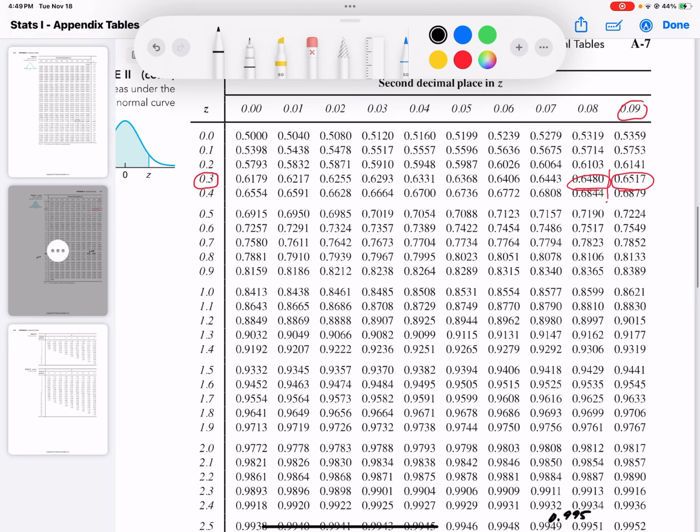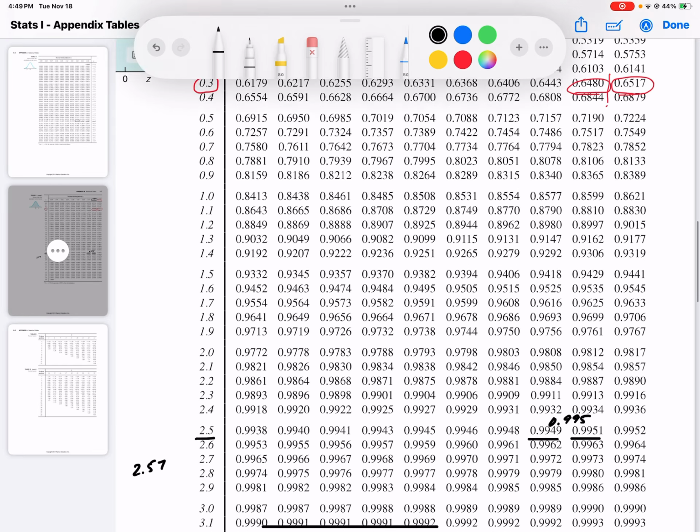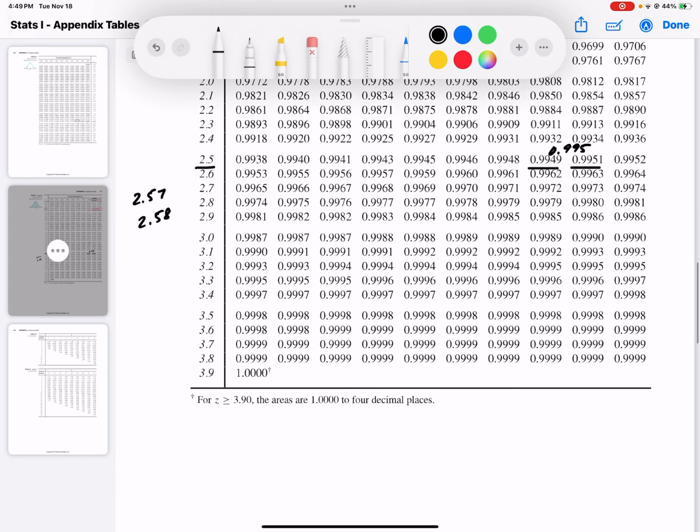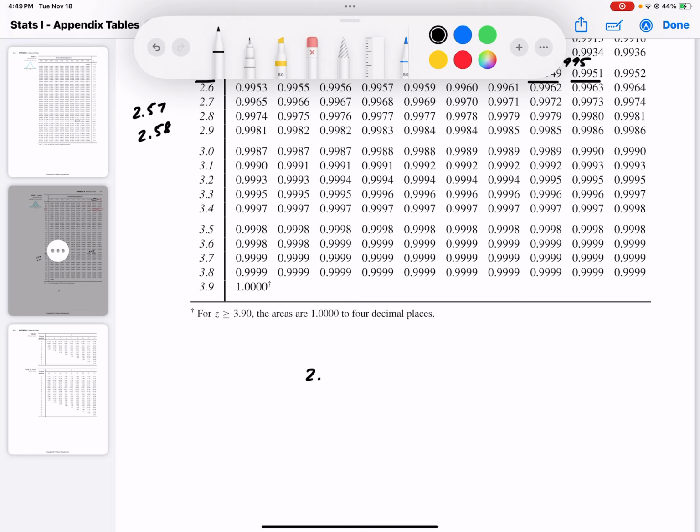The second one is associated with 2.58. So when this happens, you have to get the average of the two. So it would be 2.57 plus 2.58 divided in half. Hopefully you know that's just 2.57 and a half. So 2.575.